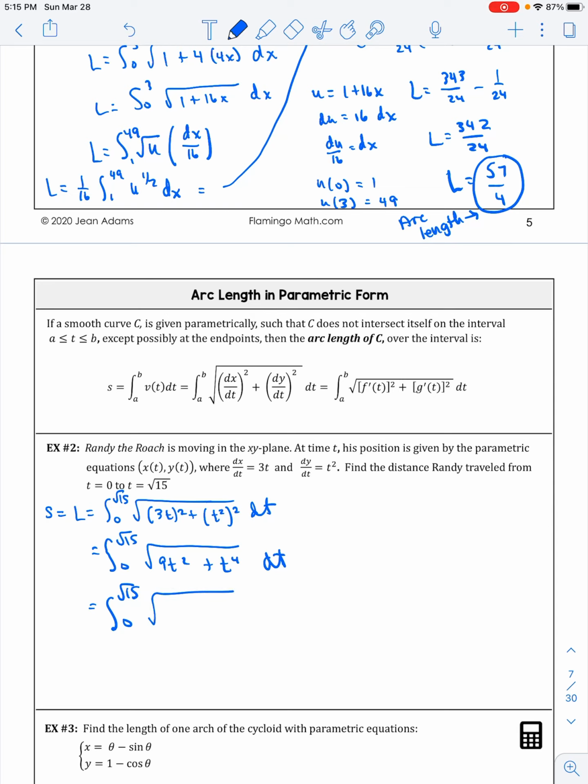So integral from 0 to the square root of 15, I'm going to factor t squared out, and then I'm going to set this up as two separate square roots. Square root and square cancel.